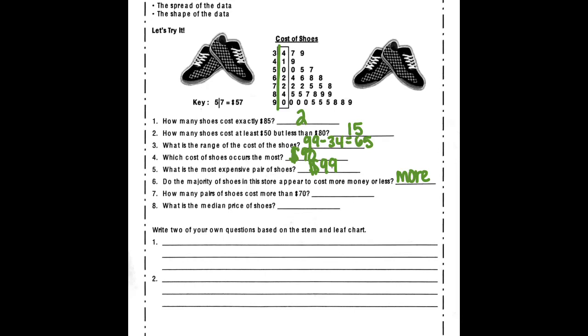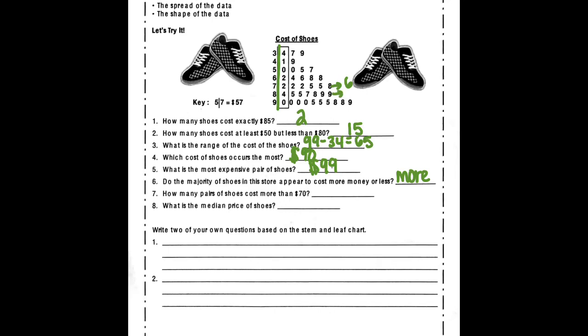Number 7, how many pairs of shoes cost more than $70? More than 70. All right, so if we look starting at our 70 range, our 7 stem, we have 1, 2, 3, 4, 5, 6, because we have 72, 72, 72, 75, 75, 78.